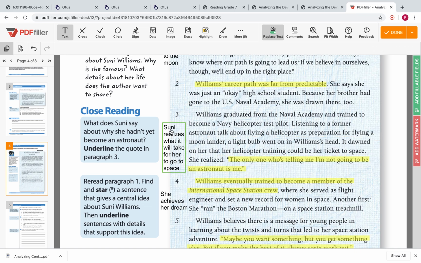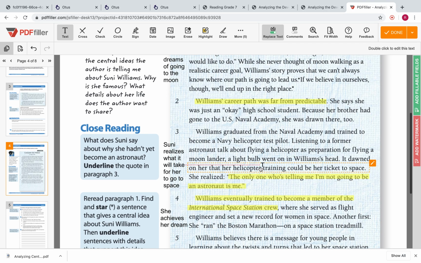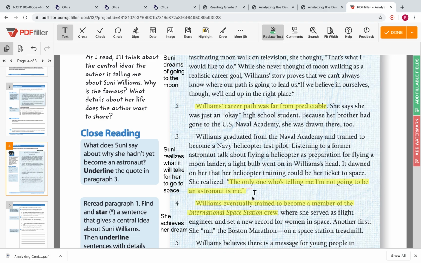So, first off, let's look at our just statement for this paragraph. Suni realizes what it will take for her to go to space. She realizes what she needs to do, right? As we see right here, it says that she needs to do helicopter training. And I underlined this detail because, once again, this is essential.